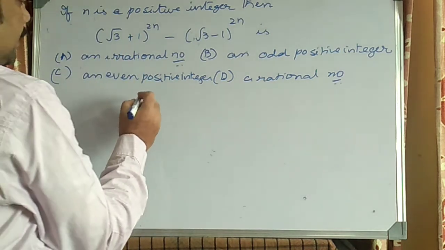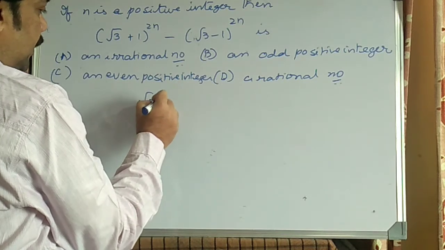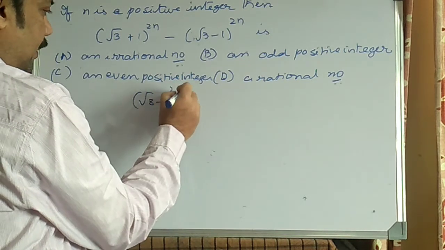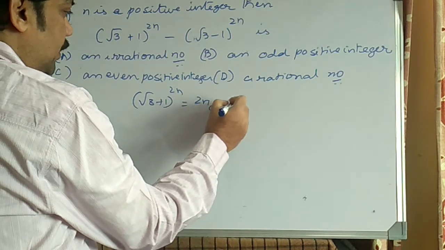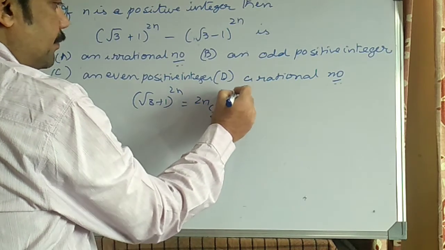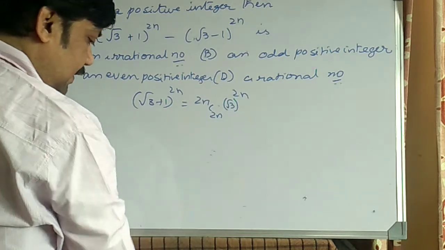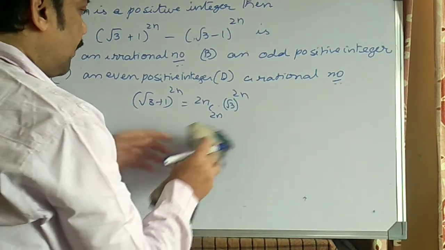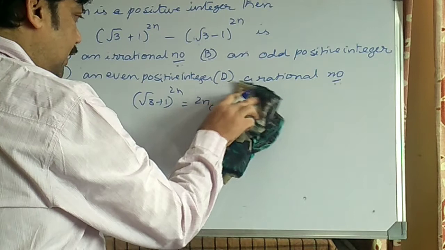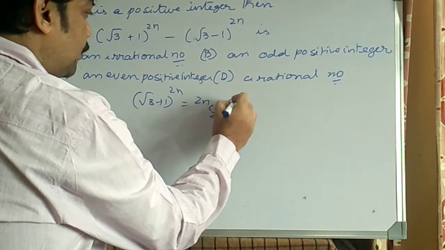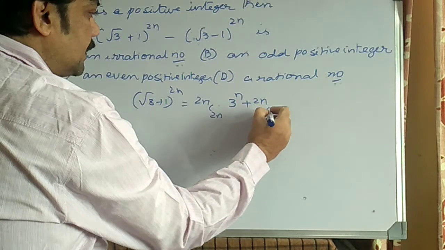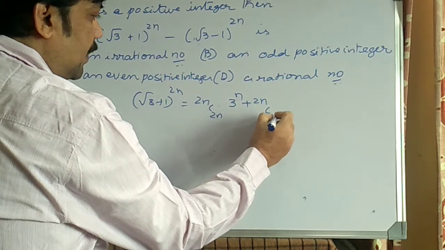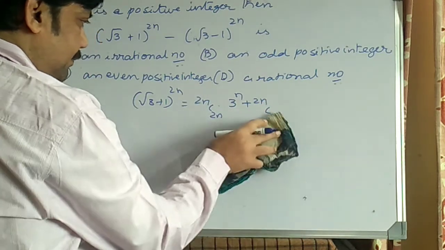So if you see very clearly, (root 3 plus 1) whole to the power 2n is equal to 2nc0 into (root 3) whole power 2n. I think I can write this as 3 to the power n only. Now root 3 is cancelled to have 3 to the power n only, plus 2nc1.